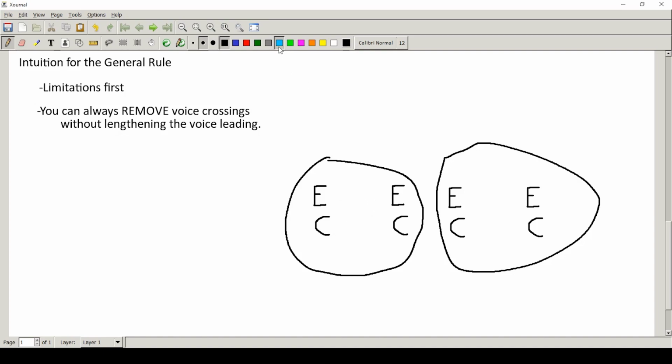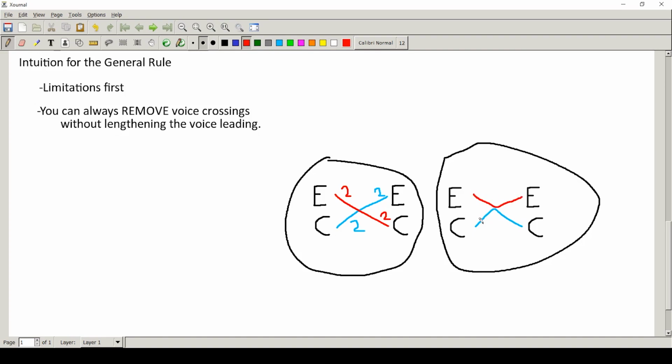If that's not clear, let me draw this with different colors. So the path that C follows, I'll draw in blue, and the path that E follows, I'll draw in red. So here, C moves up 4 altogether. C moves sort of 2 right here, and then 2 after they cross. E moves 2 right here, and then 2 after they cross. Now, what I'm arguing is, if I do this sort of thing, it's essentially the same voice leading.